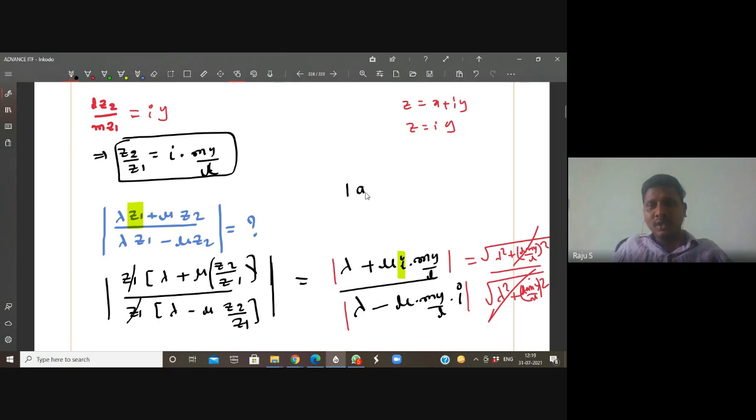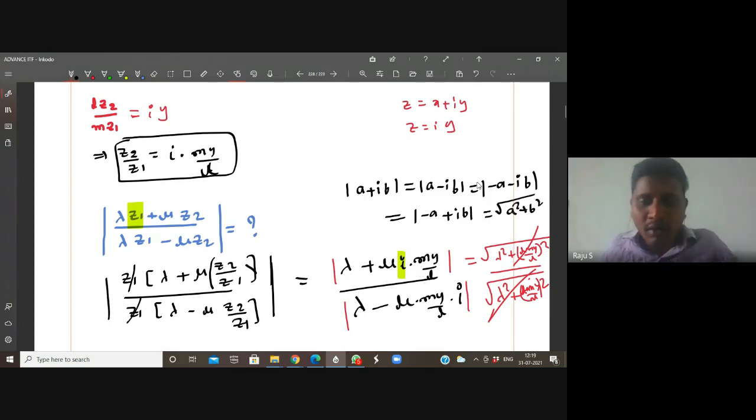Since we know that modulus of a plus iota b should be equal to modulus of a minus iota b, equal to modulus of minus a plus iota b, all should be equal to square root of a square plus b square. Am I right? All are equal.